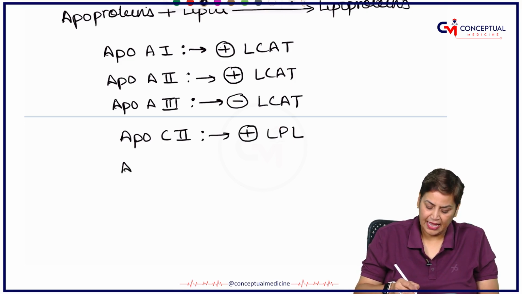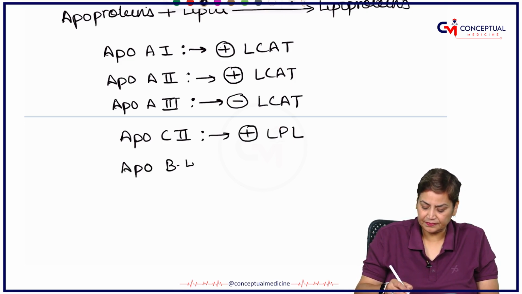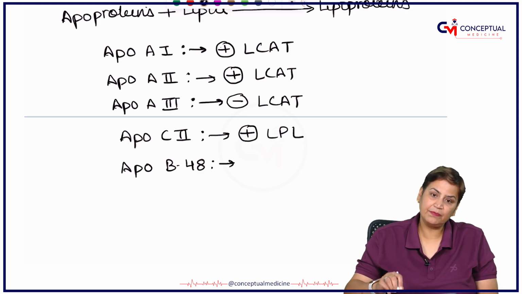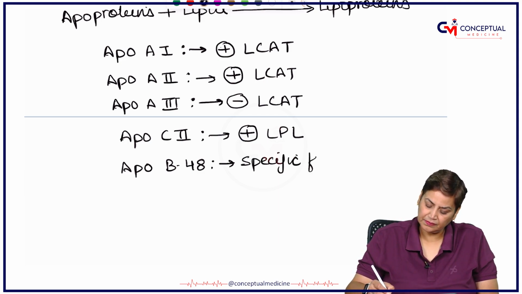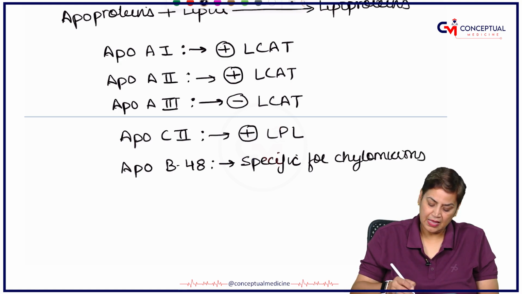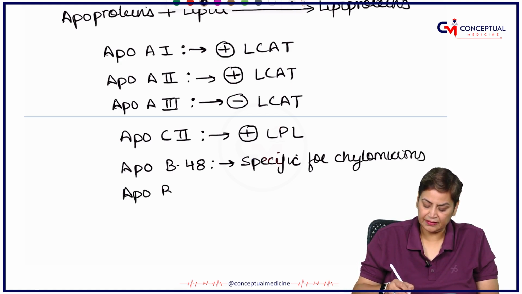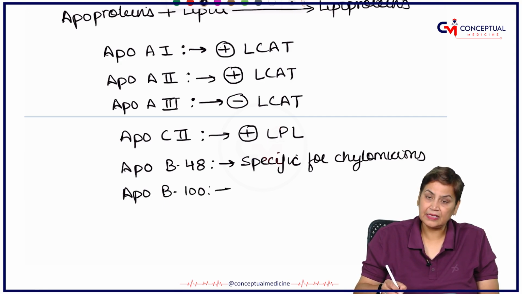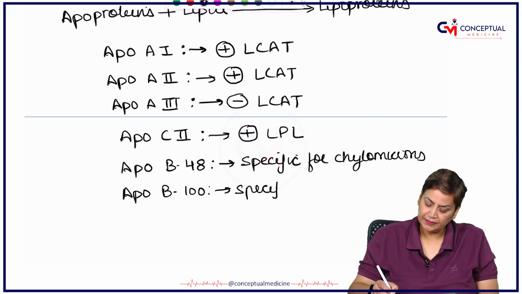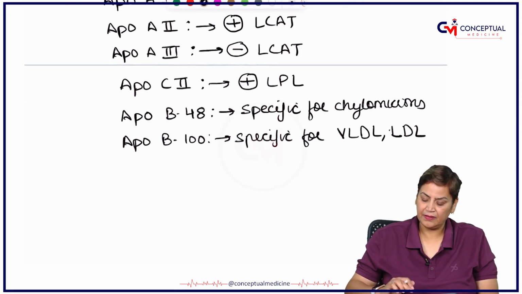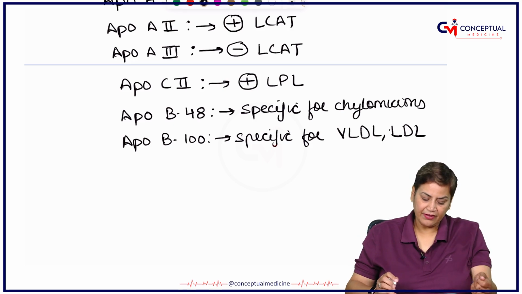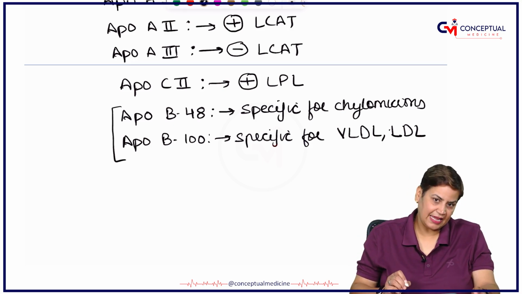Okay. Then Apo B48 is specific for chylomicrons, and Apo B100 is specific for VLDL and LDL. And why have we named them Apo B48 and Apo B100?